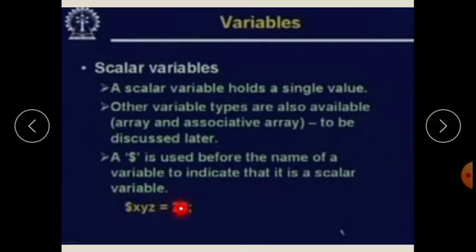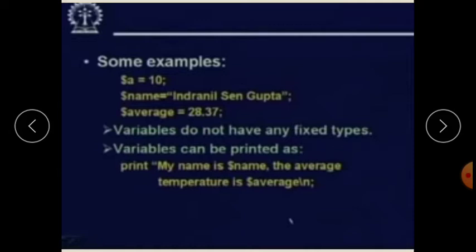Here, $xyz = 20; means xyz is a variable, the $ sign indicates that xyz is a scalar variable, and 20 is the data stored inside this xyz variable, meaning inside the scalar variable. There are some examples: $a = 10, $name = Gupta, and $average = 28.37.